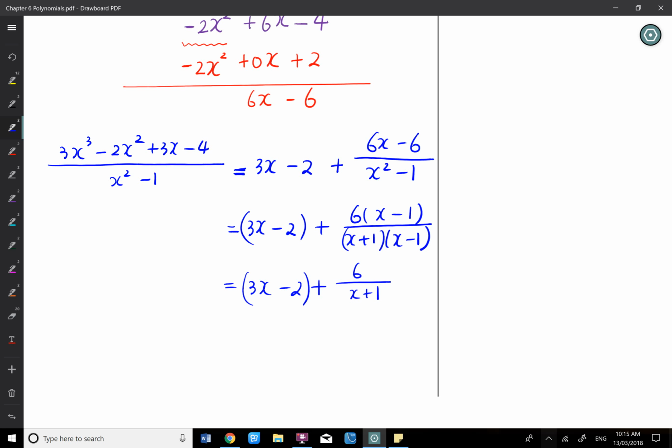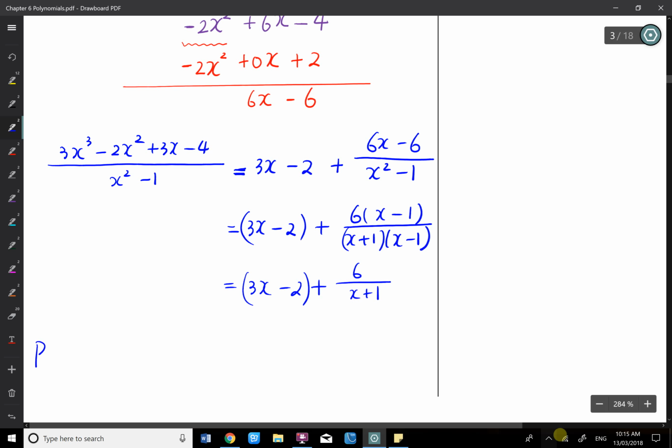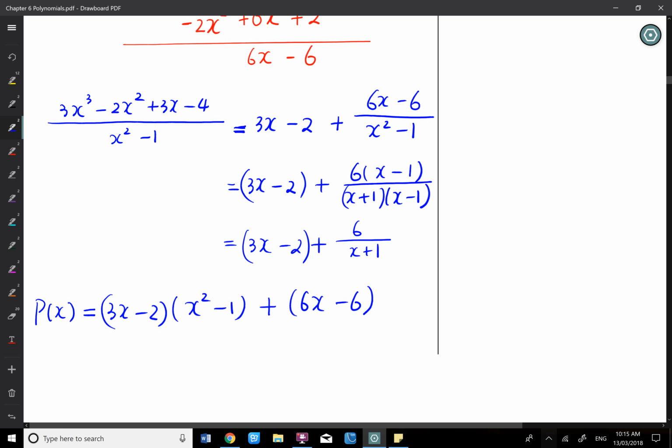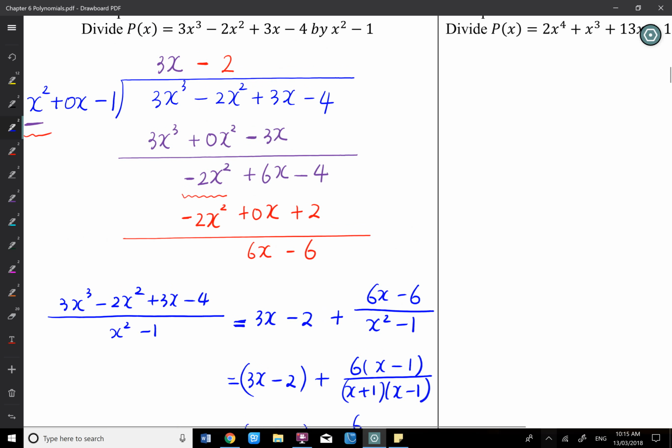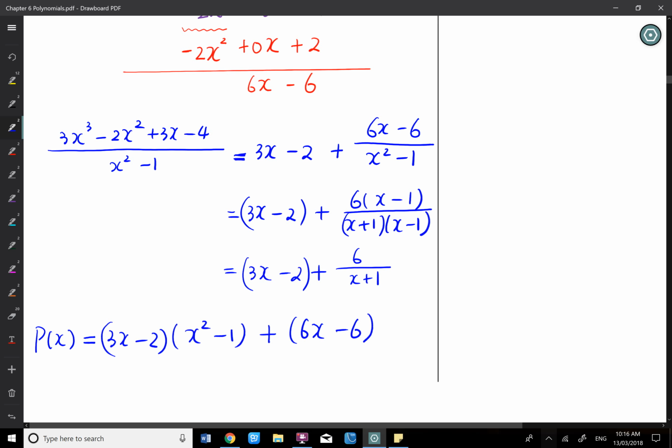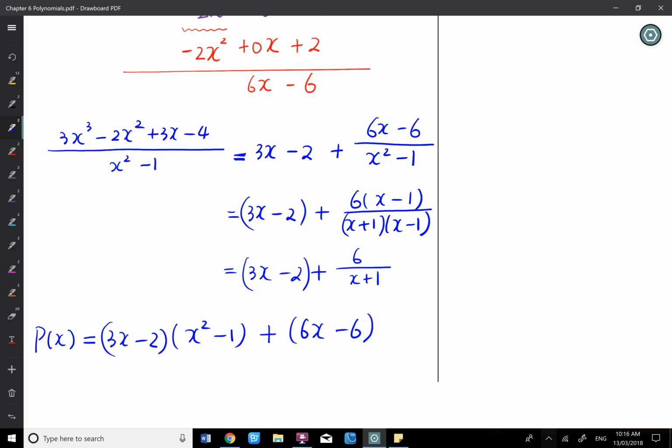I can simplify that. Or I can have p(x) equals 3x minus 2 times x squared minus 1 and plus 6x minus 6. So that's this number times this number and add that number. Okay, so two ways to express.